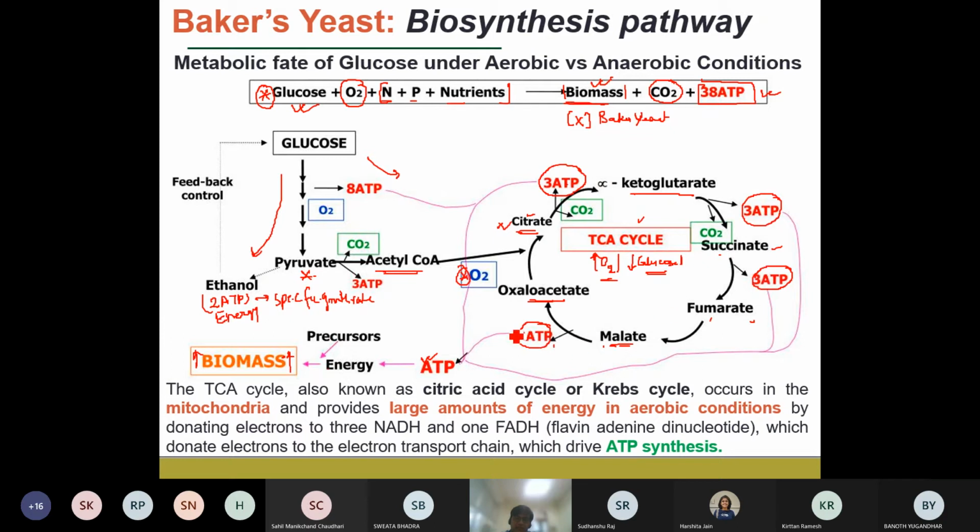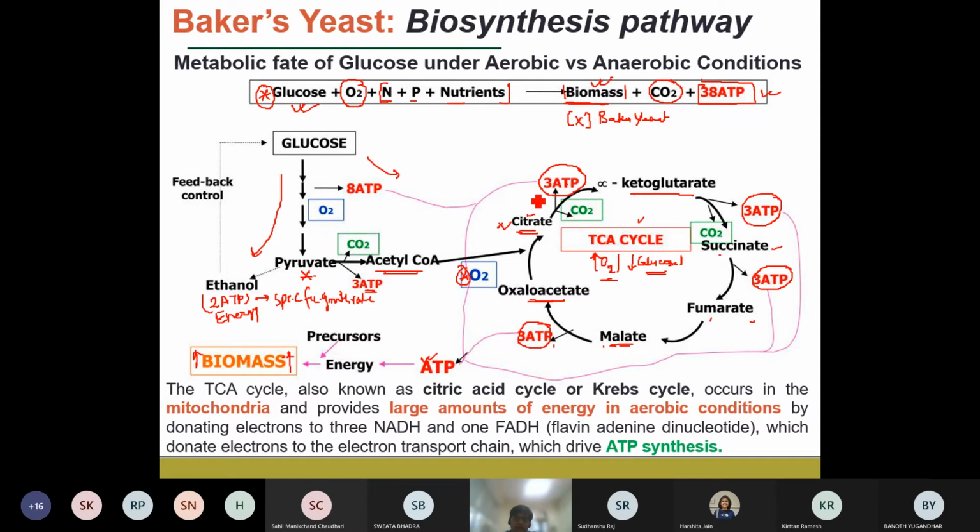Okay, so 12 ATP is released, and then we have 3 ATPs coming from the conversion of pyruvate to acetyl CoA, right? And another thing, if you remember from the glycolysis pathway, one glucose molecule can release 2 moles of pyruvate, right?